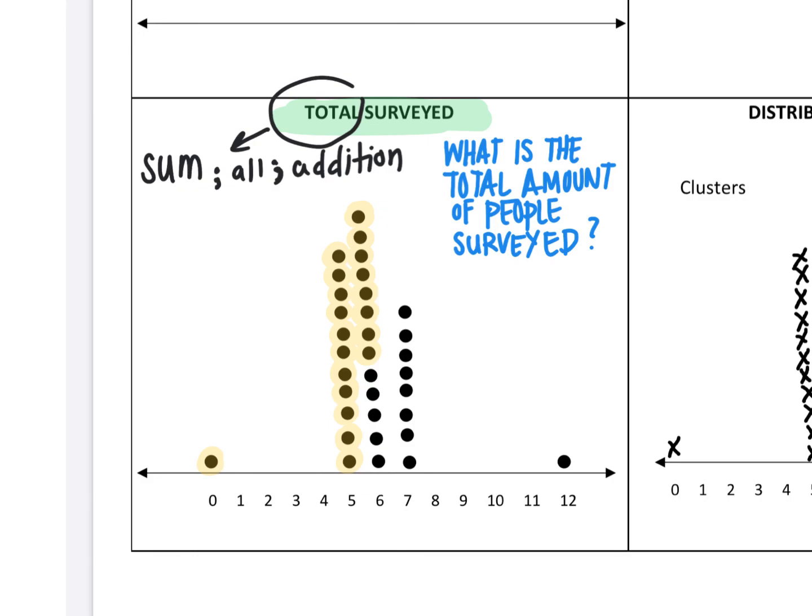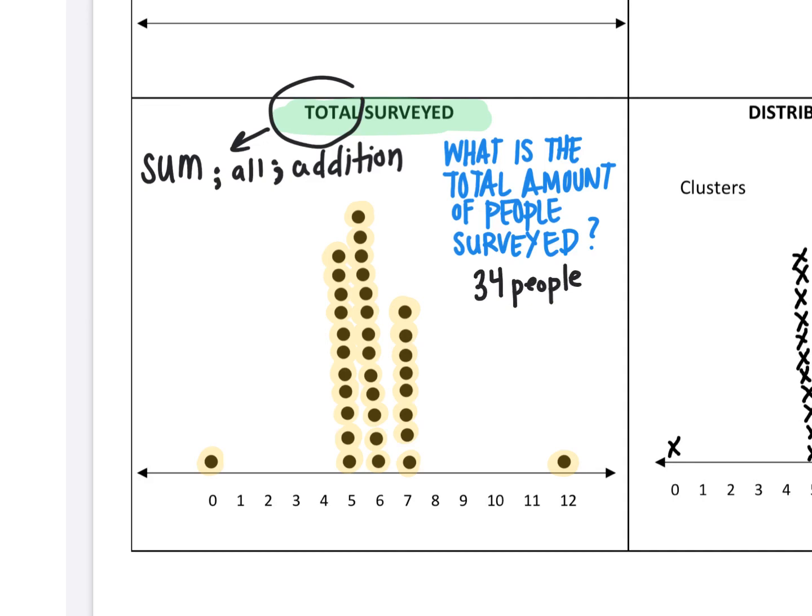Notice I'm using my highlighter. 21, 22, 23, 24, 25, 26, 27, 28, 29, 30, 31, 32, 33, and way over here 34. So the total number, ignore that, that's just our belt. The total number of people surveyed was 34 people.